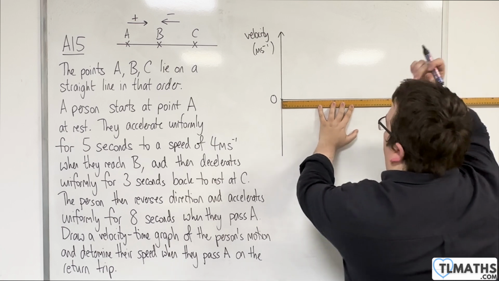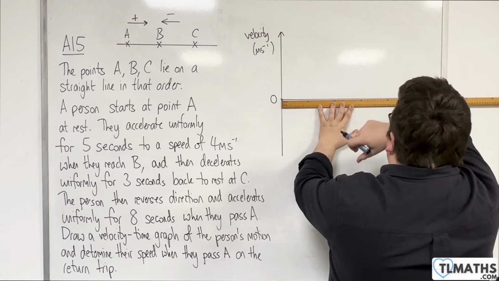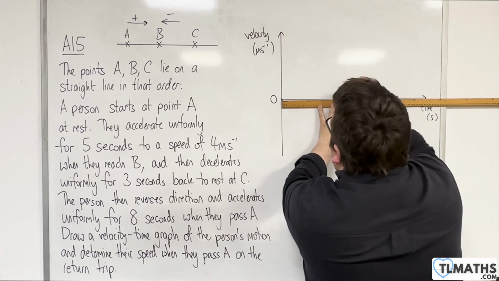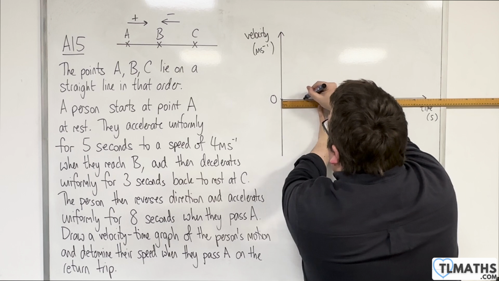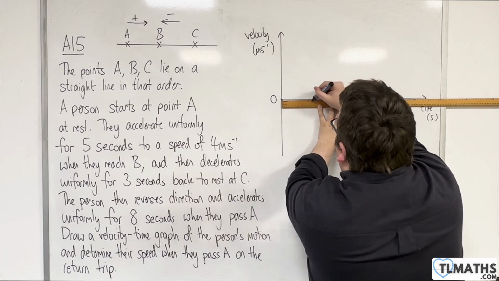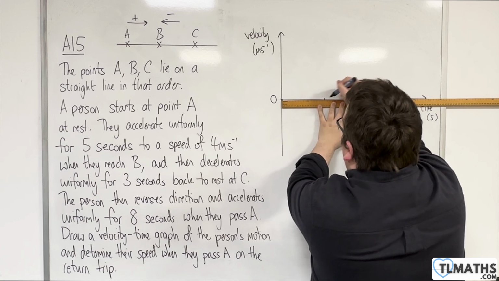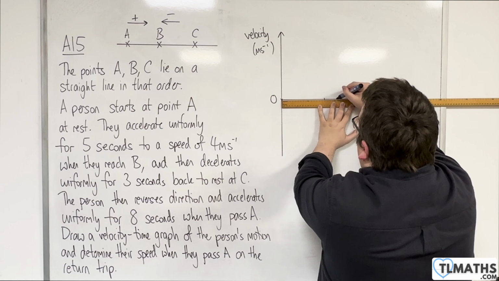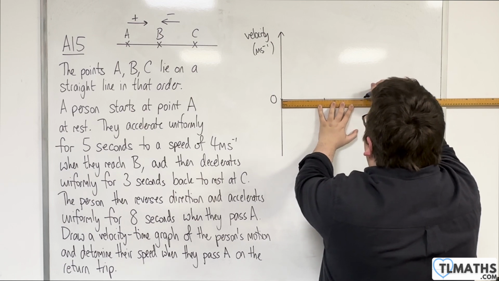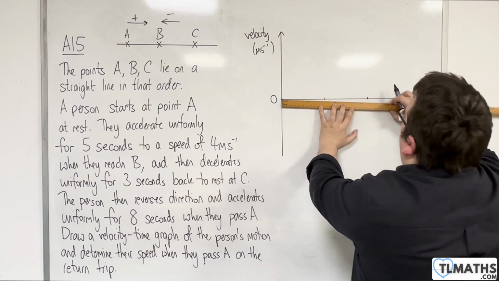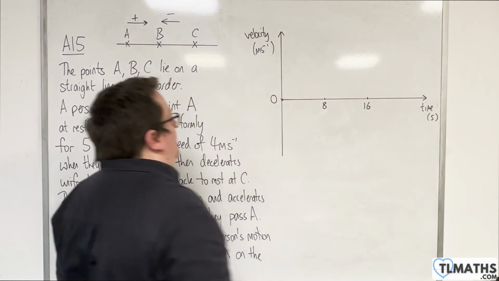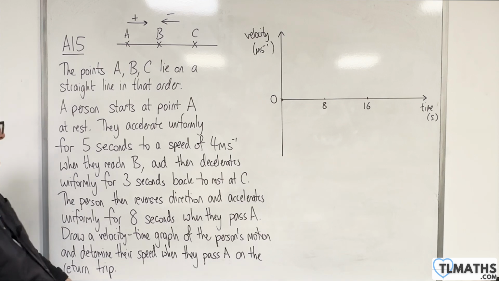So somewhere about there could be 8, and then we need 32. Let's say about there, right? So let's say that's the first 8 seconds, and that's the second 8 seconds. Let's go with that.